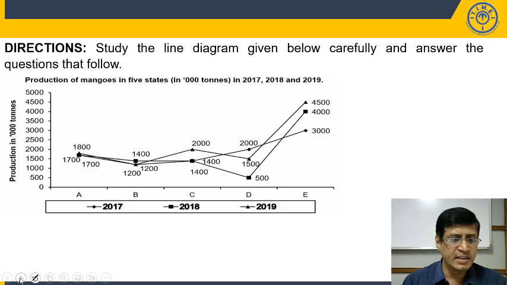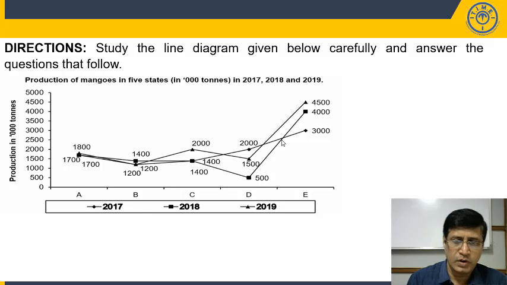Now look at the next set of questions based on the data interpretation. A line graph is given, which shows the production of mangoes in 5 states in 1000 tons in the years 2017, 18, 19. The A, B, C, D, E are the 5 states here. The years 17, 18, 19.